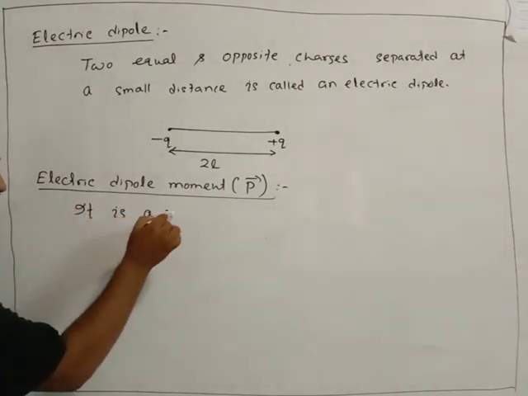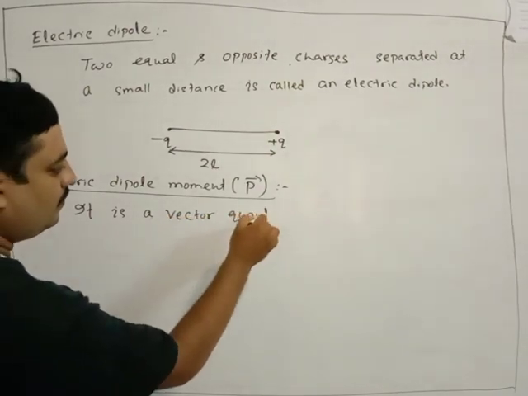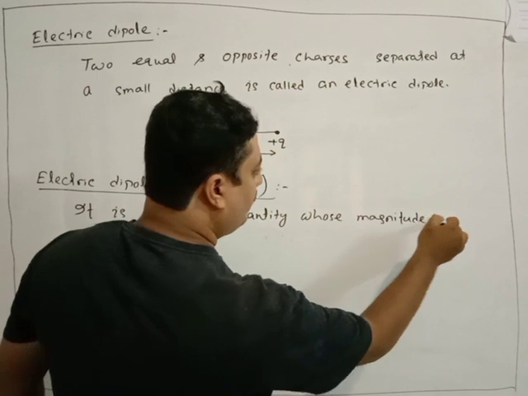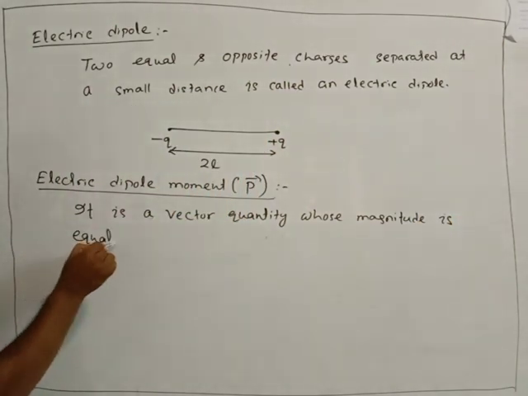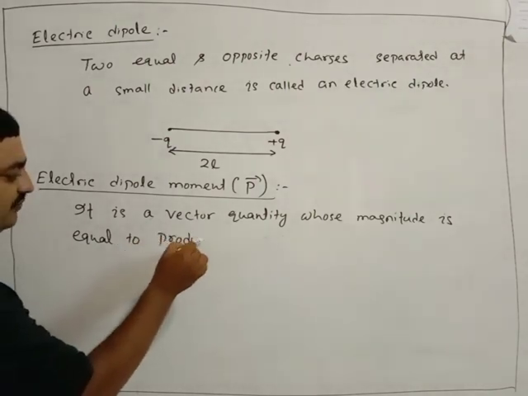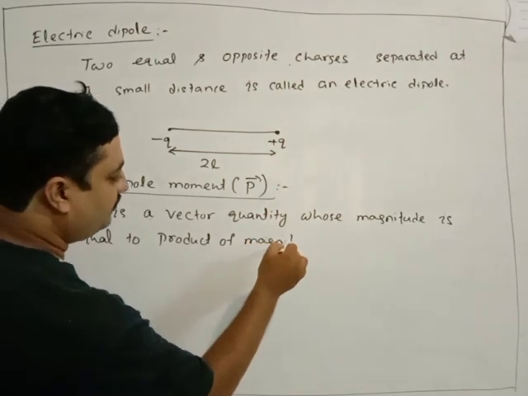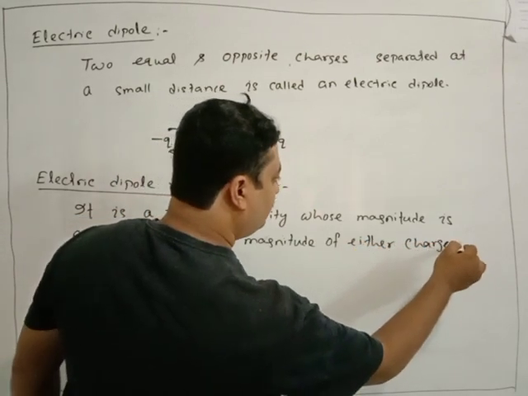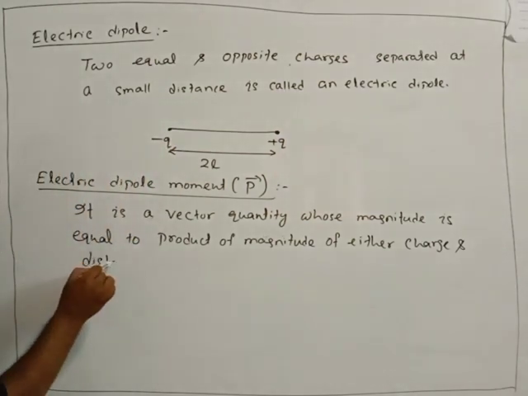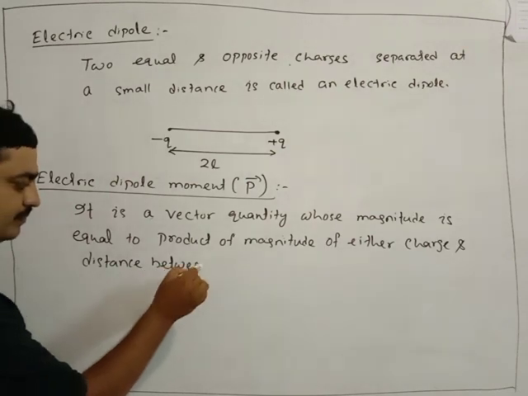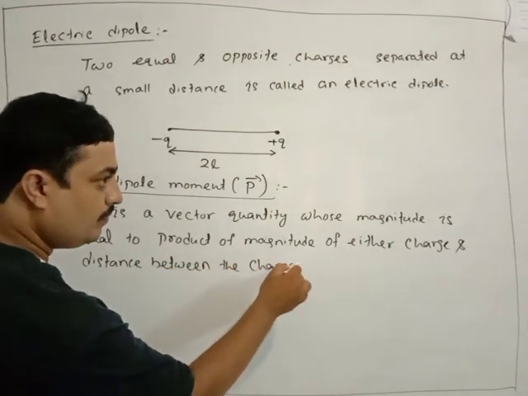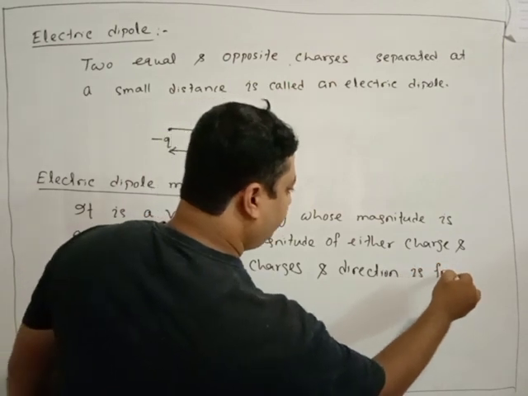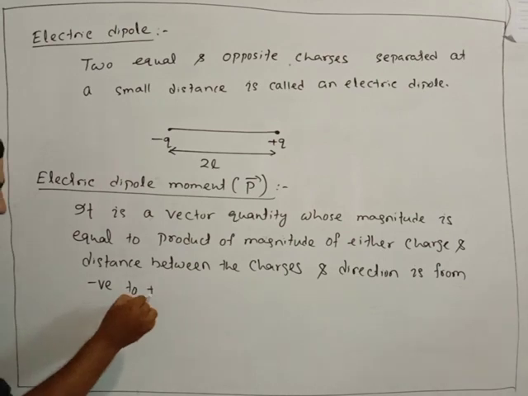It is a vector quantity whose magnitude is equal to product of magnitude of either charge and distance between the charges, and direction is from negative to positive charge.